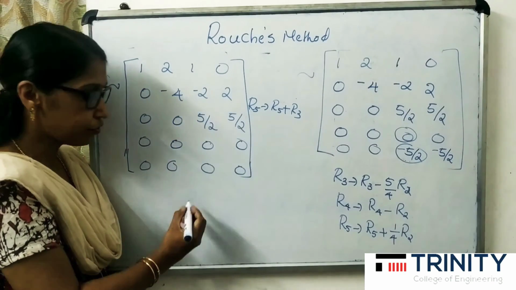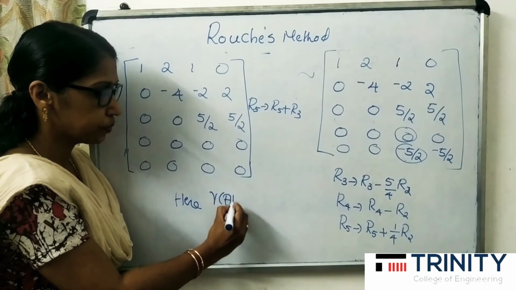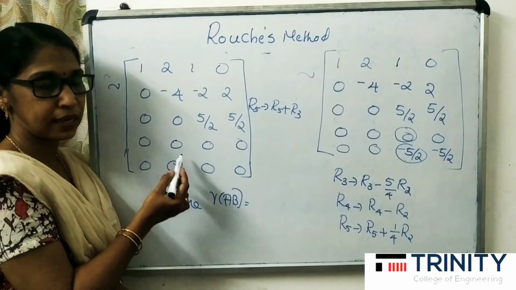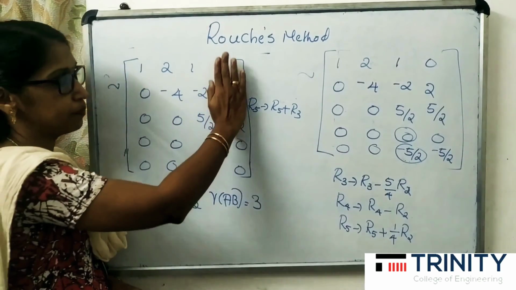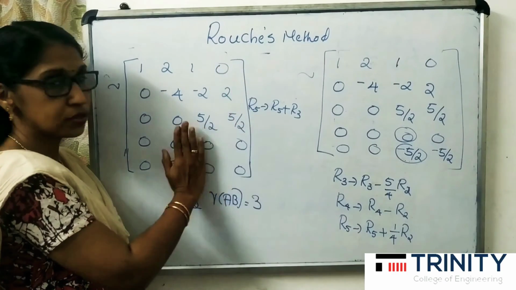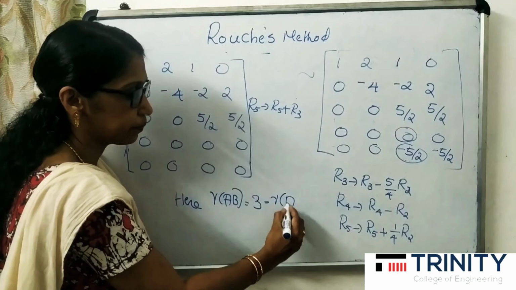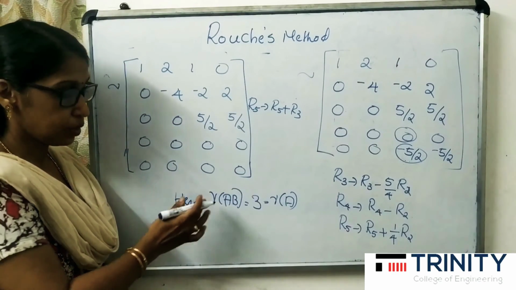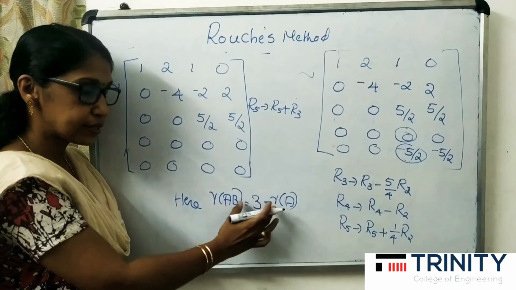So what is rank of AB? Here rank of AB is equal to, how many non-zero rows? 3. So rank of AB is equal to 3. And what is rank of A? Look at this, rank of A is also 3. So this is equal to rank of A. Both the ranks are equal.